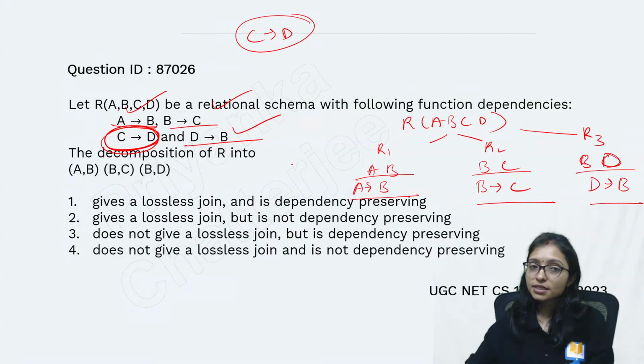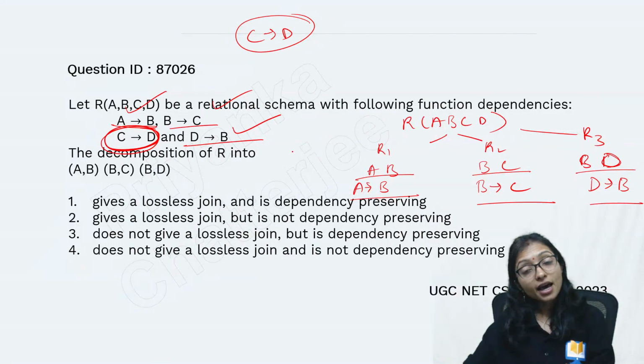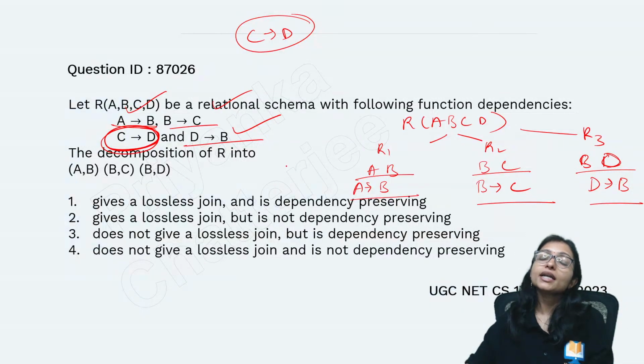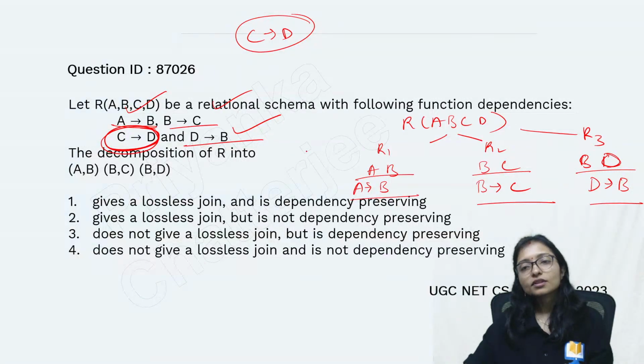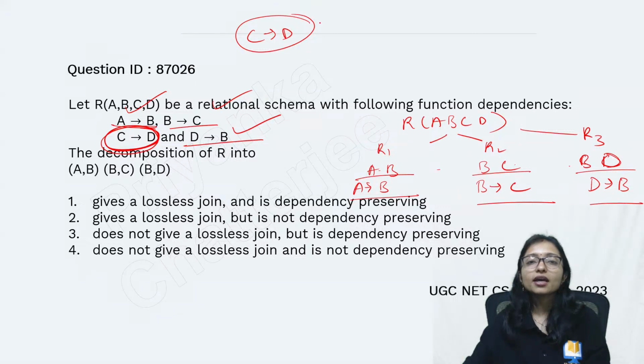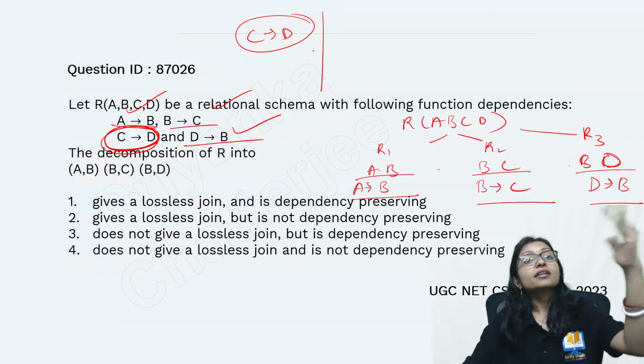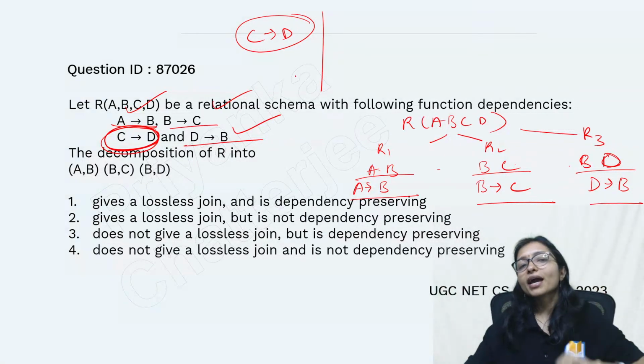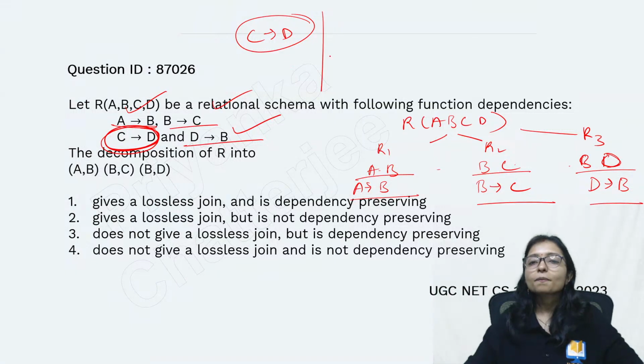Don't do this mistake. Because here some hidden dependencies are there. See that C and D is not in a same table. Now you have to think in opposite way. Using transitive property, can I get back C implies D? Anyhow.